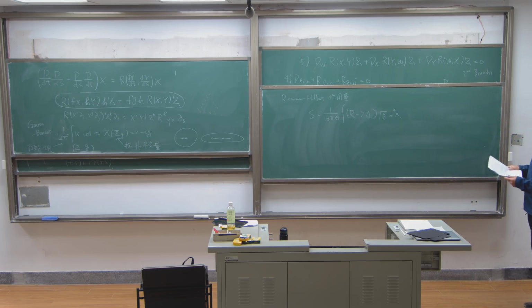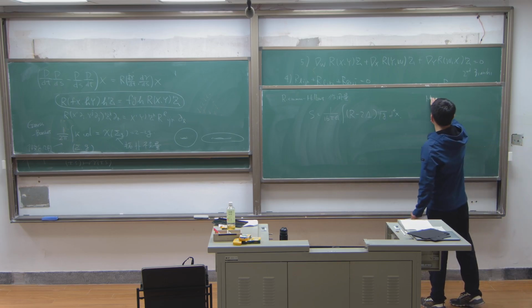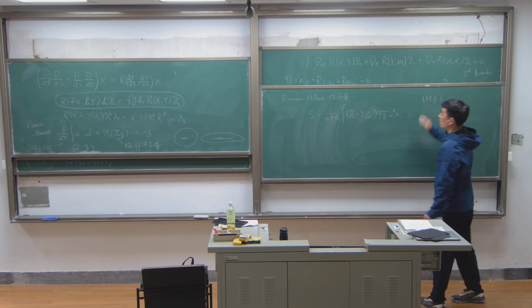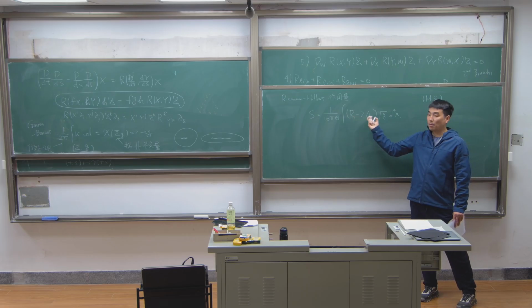So one can consider, on a Riemannian manifold, one can always compute the scalar curvature, and Lambda is a constant.